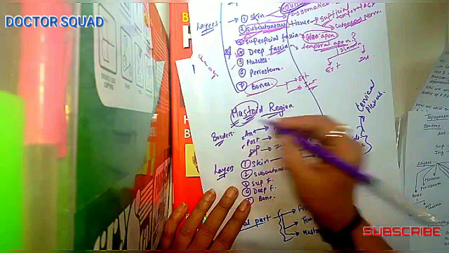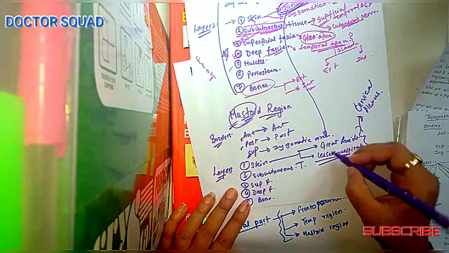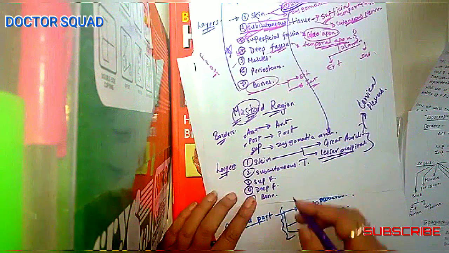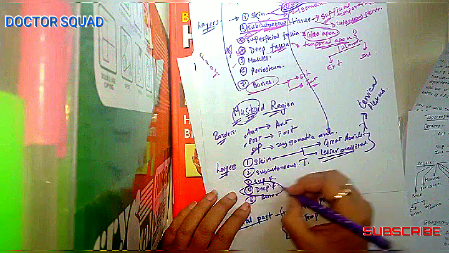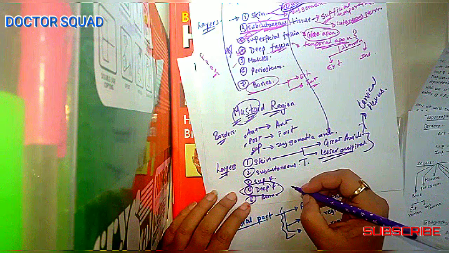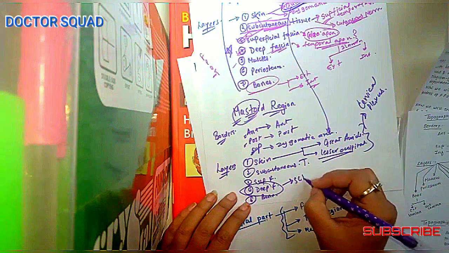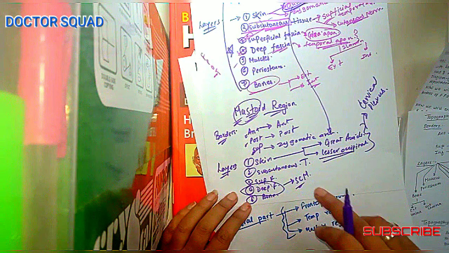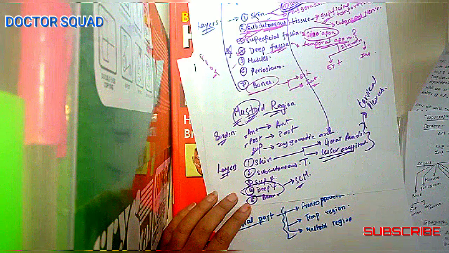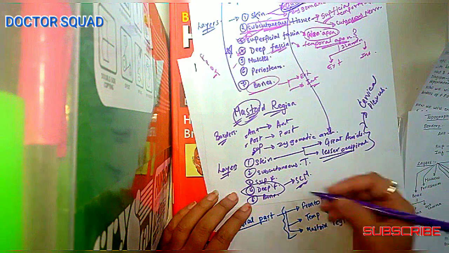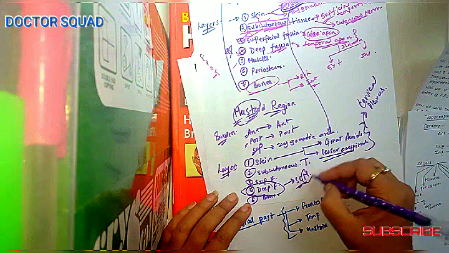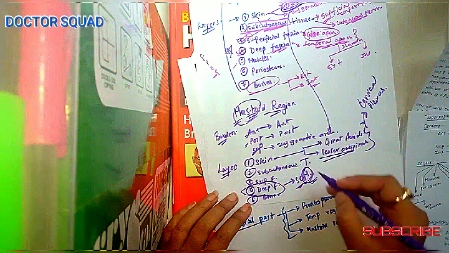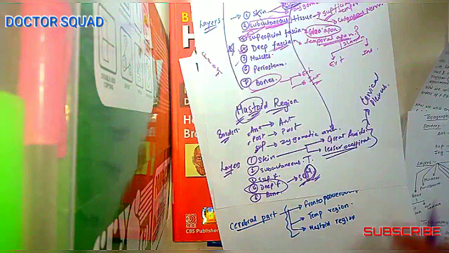And with the mastoid process we have lesser occipital. Now you just have to mug up things, right? And the important part of the deep fascia of the mastoid region is it covers the sternocleidomastoid muscle, right? So how will we remember this? Anything related to the mastoid will be part of the mastoid region, right?